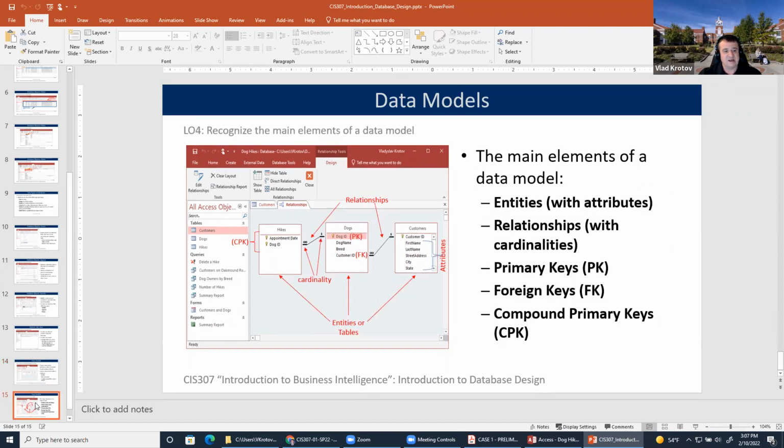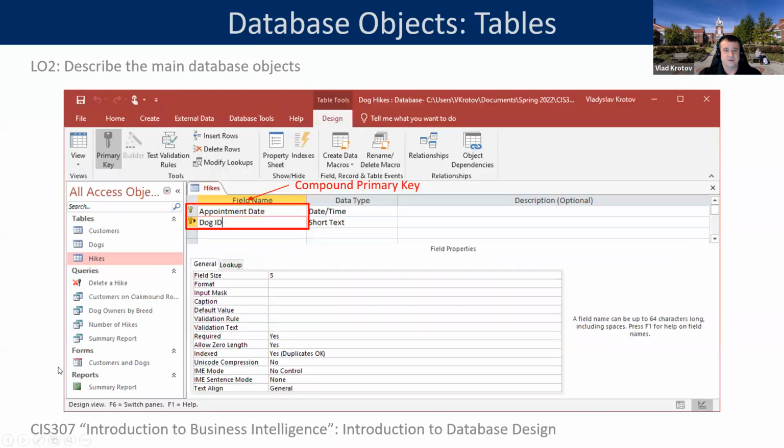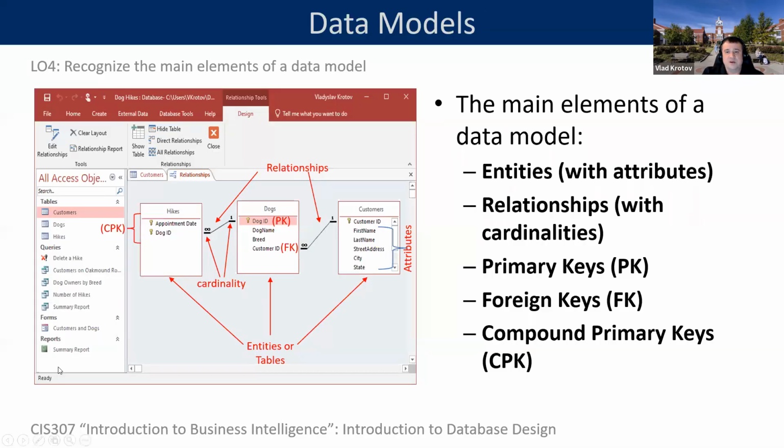So once again, let me summarize everything that we have discussed so far, and I'll use this slide. Those are the most fundamental elements of a good database model or data model underlying a database. First, we have entities with attributes.